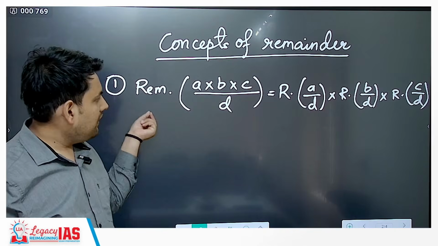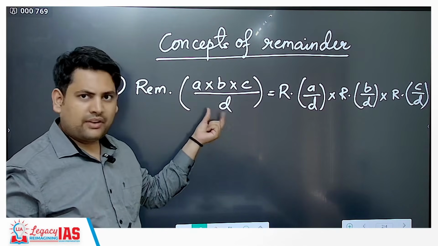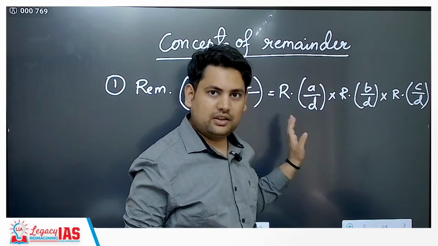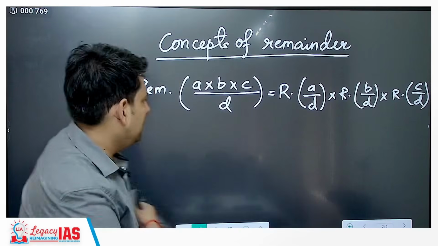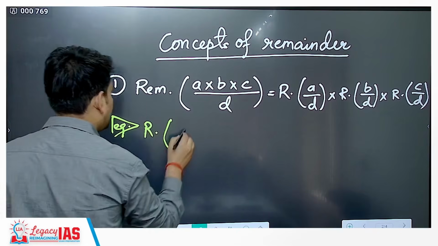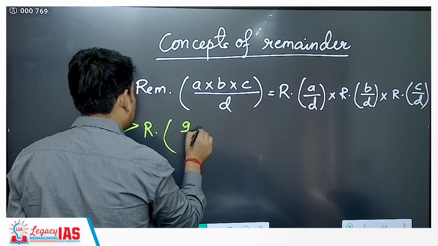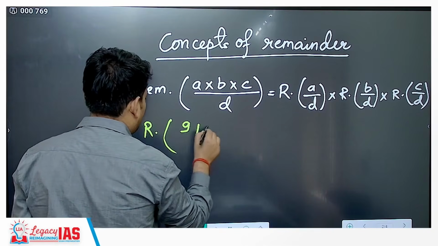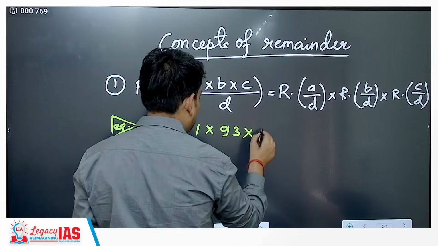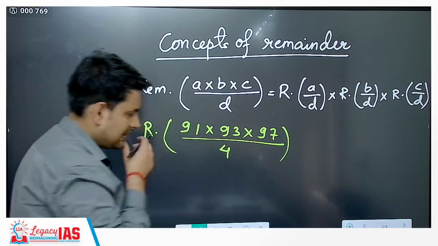First, when we have to find the remainder of, let's say, A into B into C divided by some number, then we can distribute it. Remainder has a distributive property. For example, if I need to find the remainder of 91 into 93 into 97 by 4.